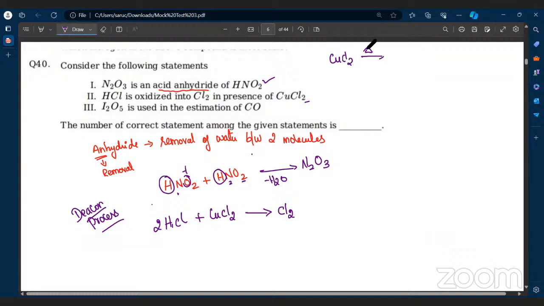And it reacts with the Cu2Cl2 and oxygen.